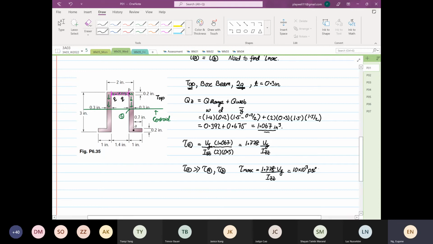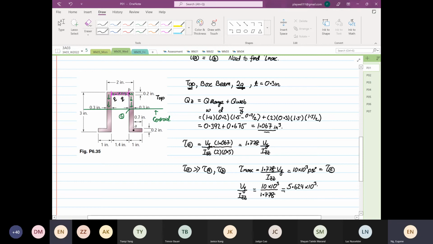Now, this tau max is also equal to the maximum shear stress at point where? At point C. So now we can equate Vy over Izz. We can find the ratio now. So this is equal to 10 times 10 to the power 3 divided by 1.778, which is equal to 5.624 times 10 to the power 3.